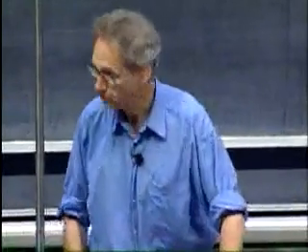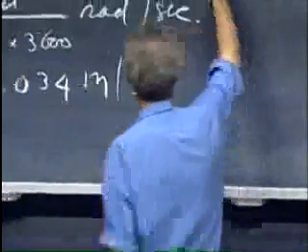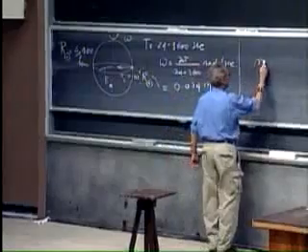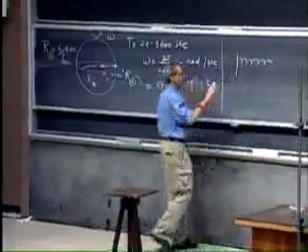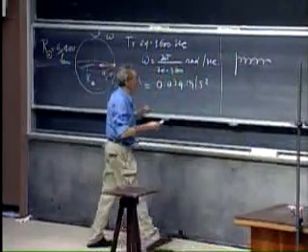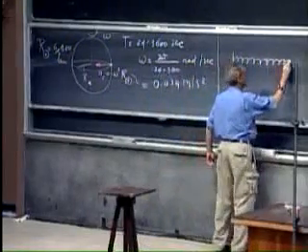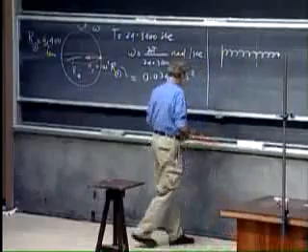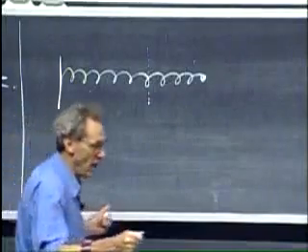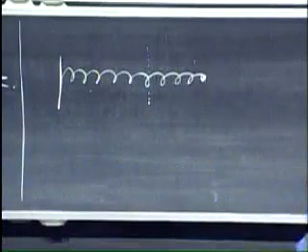Now we come to the second law, Newton's second law. I have a spring. Forget gravity for now, you can do this somewhere in outer space. This is the relaxed length of the spring, and I extend the spring over a certain distance, unimportant how much.